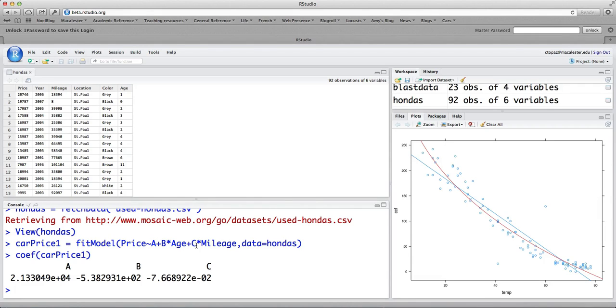And we can, as always, plot the output of this. So we're going to plotFun of our carPrice1 function, and we're going to do it as a function of age and miles, and the independent variables are age and miles.